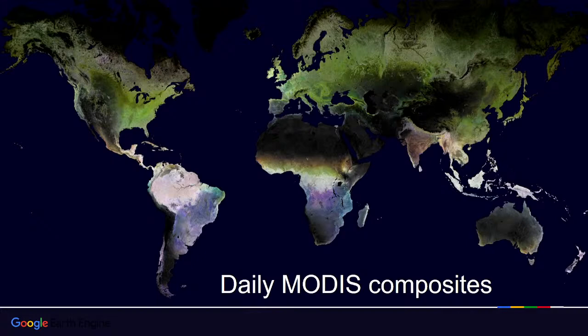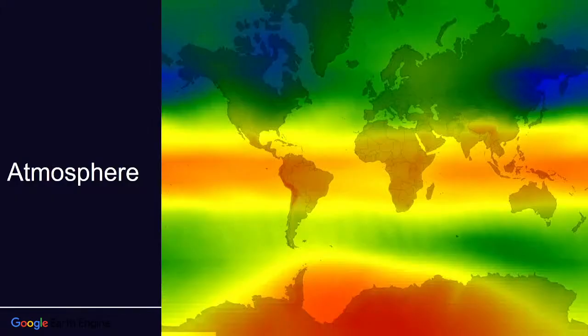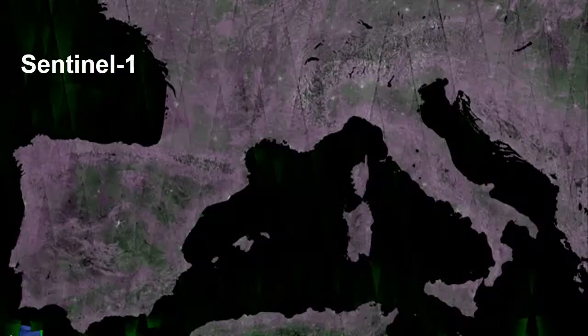All the products available from MODIS, whether Earth or ocean, are available on Google Earth Engine. Then if you are interested in atmospheric or climatic studies, a lot of atmospheric and climatic data is also available on Earth Engine. And Sentinel-1, if you are interested in synthetic aperture radar data, the entire Sentinel-1 data is available on Google Earth Engine.